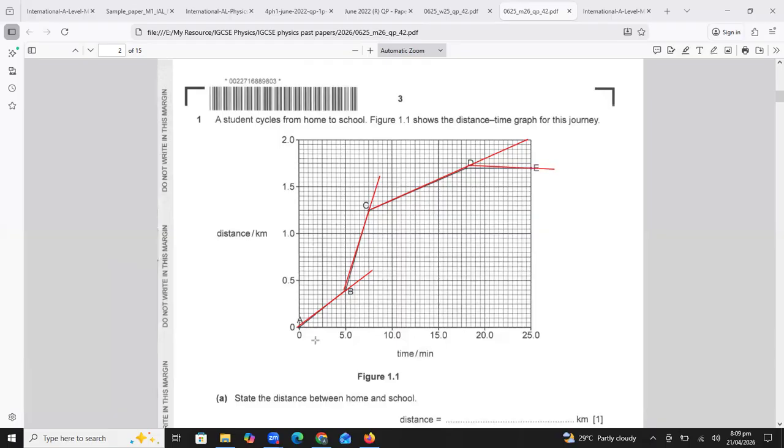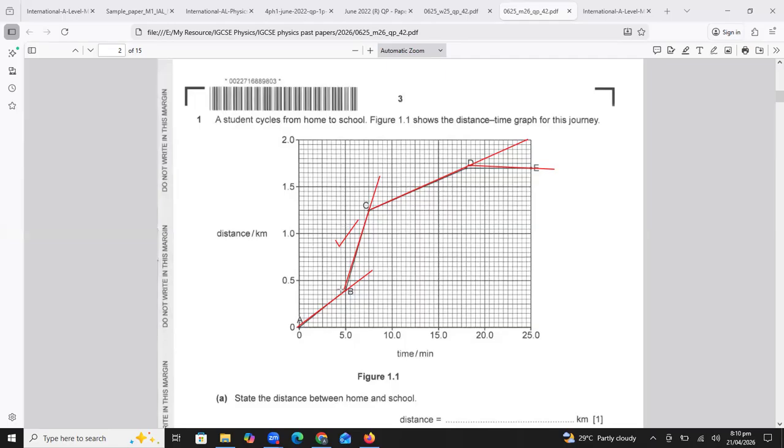All right, student. So if I compare all the sections, this is the section where the gradient is greater. So it means, student, if the gradient is greater, the child is accelerating at this section of the journey.